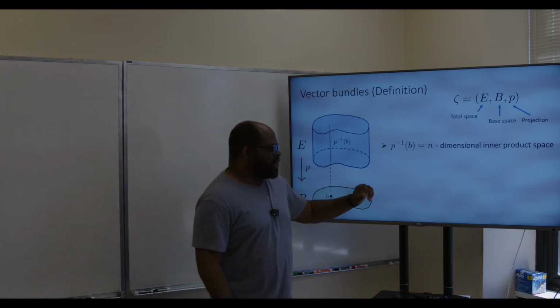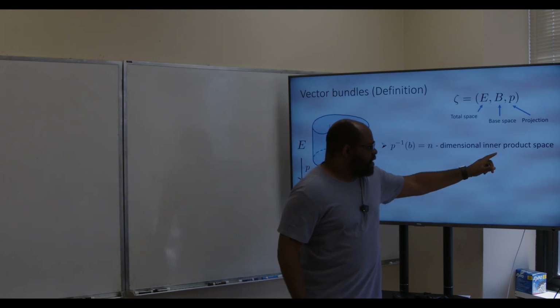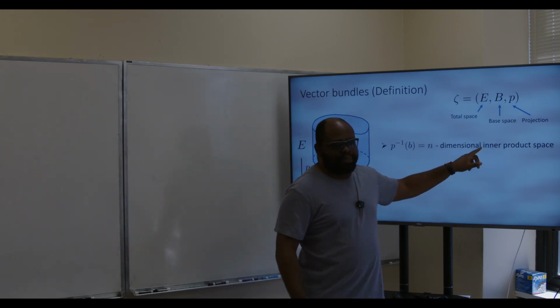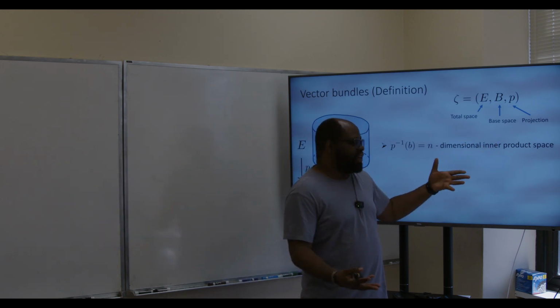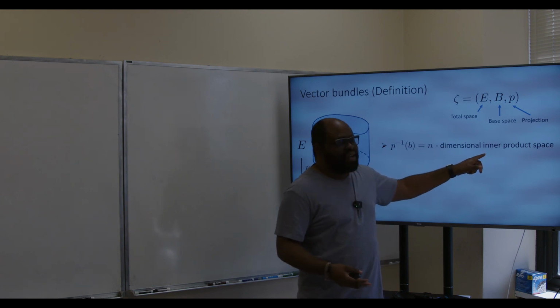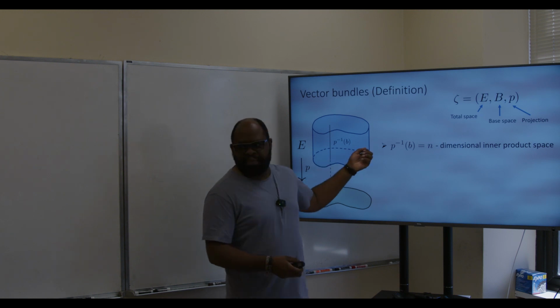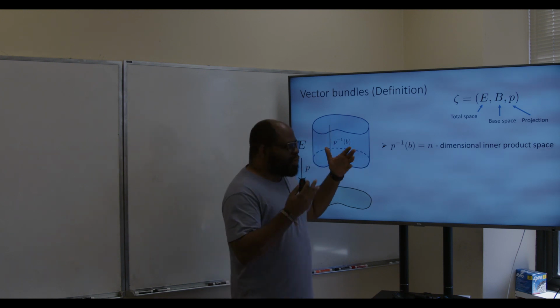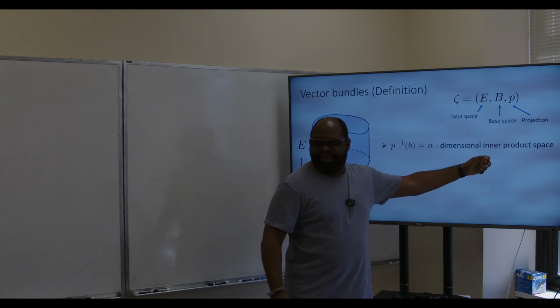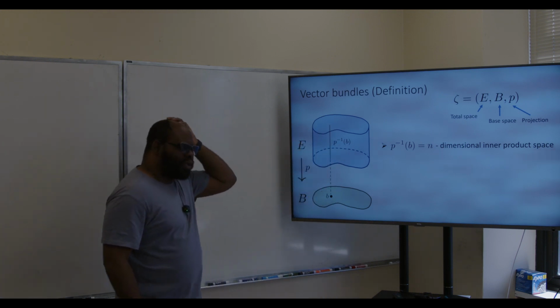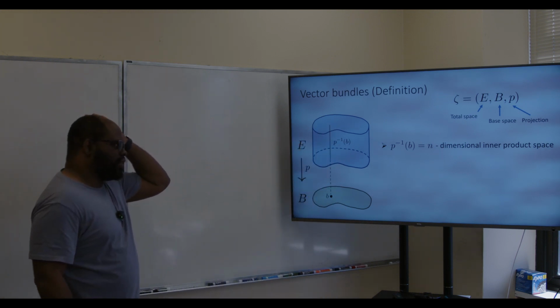One comment here is that I really want the inner product to be part of the definition. In data science, you typically have these things. If your space B is compact, you can always put some inner product, so we might as well just start with it. Okay? Those are called Euclidean vector bundles.